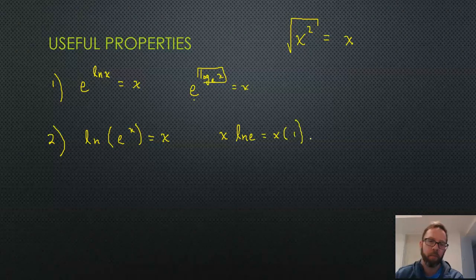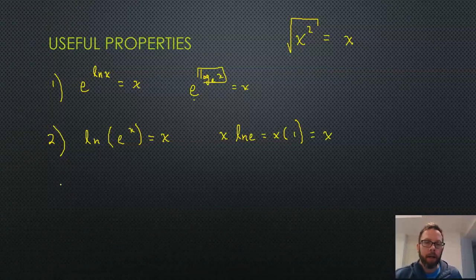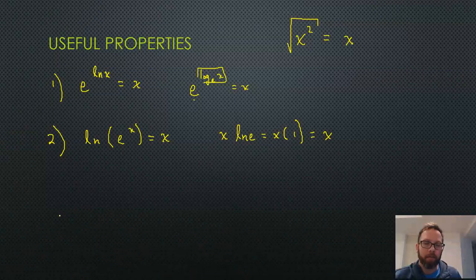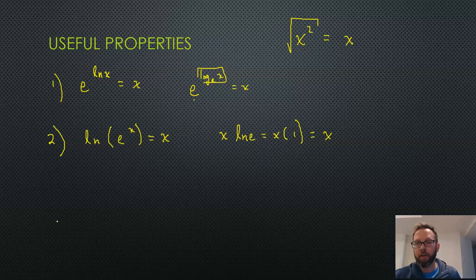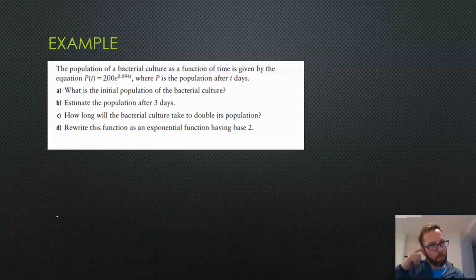So we get x. What these properties allow us to do is take any function with any base and rewrite it in terms of e, or take a function that's in terms of e and rewrite it. We'll see that in this example.